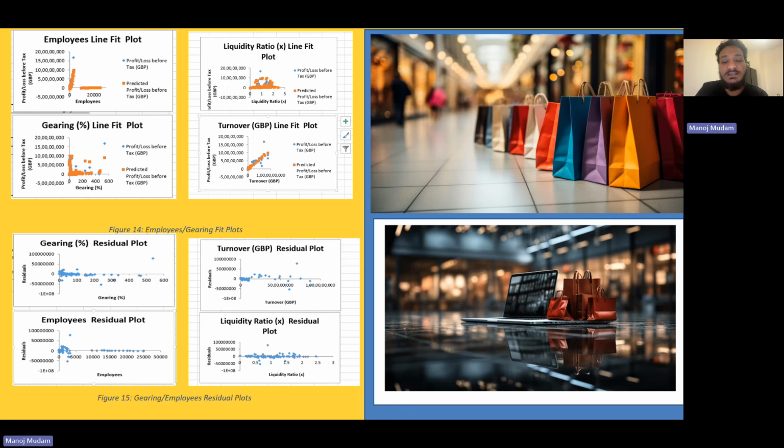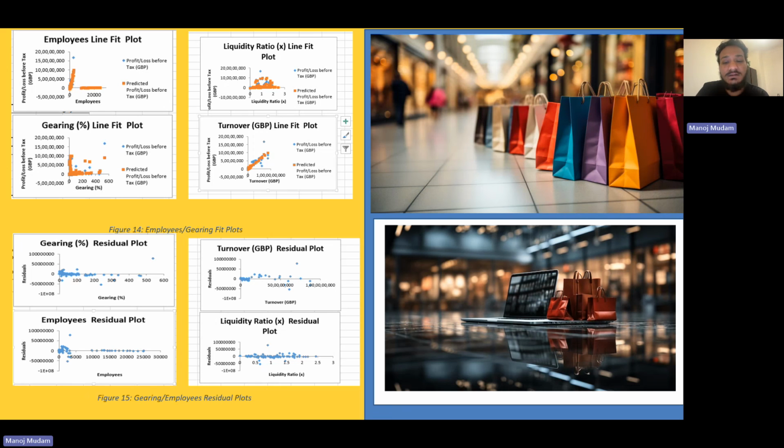The predictive analysis enables managers to know the impact of financial and operational decisions in relation to profits, enabling them to plan expected results. You can see the charts: employee line fit plot, liquidity ratio line fit plot, gearing line fit plot, and turnover line fit plot. These are about the slide.